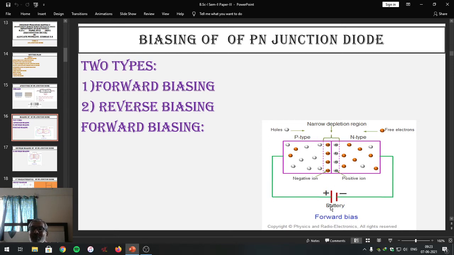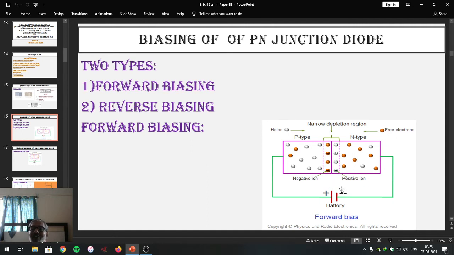If you increase the battery potential slowly, it doesn't affect the conduction of the PN junction diode. But when the external battery voltage becomes equal to the barrier potential of the PN junction diode, meaning 0.6 volt for silicon and 0.2 volt for germanium, then what happens?